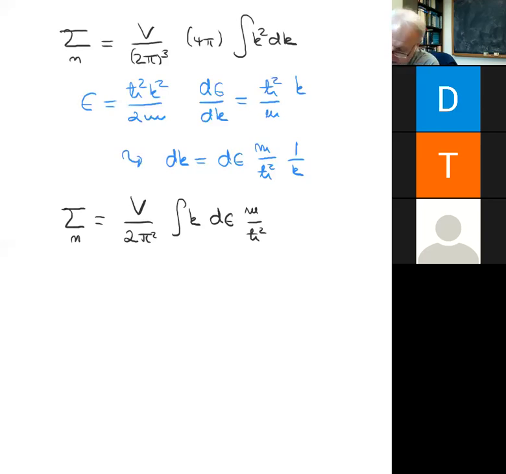And now, of course, I can write that k in terms of epsilon. So k is given by the square root of 2m epsilon over ħ². Actually, no square, I take a square root.